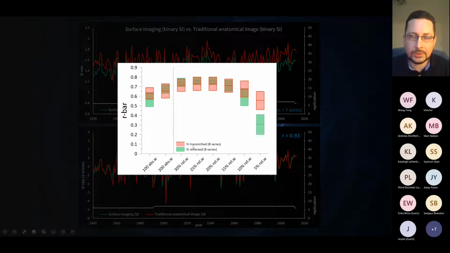But for the anatomical slides, this stays relatively high. So we have higher R bar even when we have these very narrow windows. And this just suggests, I think, that for the reflected light version, we just have more noise for whatever reason. I have some ideas about why that is, but quite interesting, I think, to compare this in such a way.